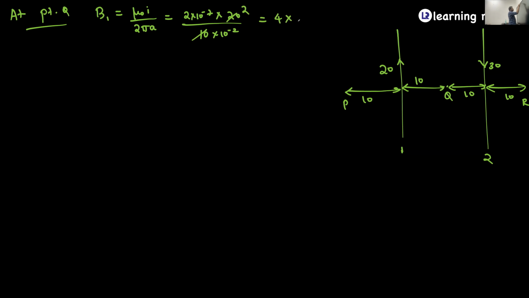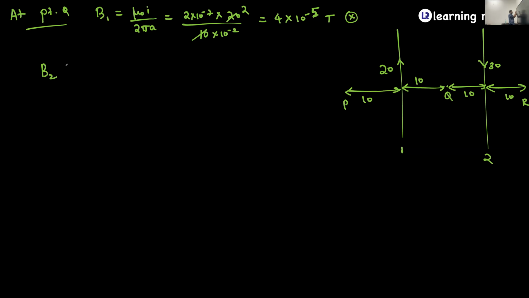So the answer will be 4 into 10 power minus 5 Tesla. But this time it is going to be into the plane. This is the direction of current. Here it is going and hitting the board, so it will be into the plane.